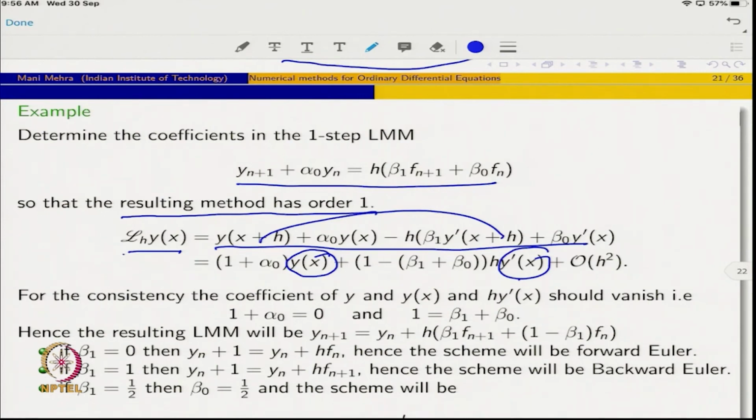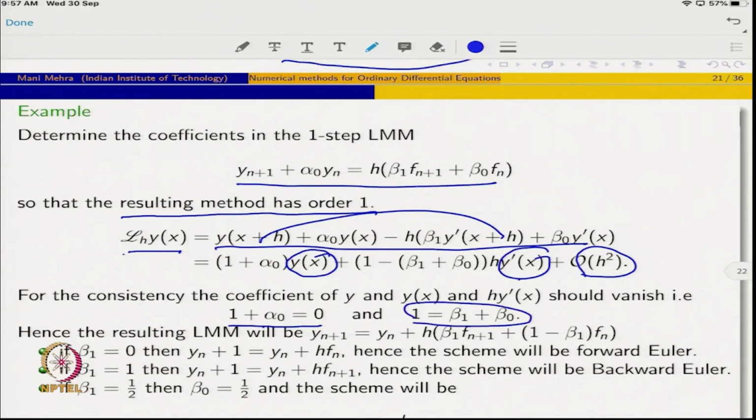For consistency the coefficients of y and y dash should vanish, that is what we have already seen, because if it is consistent, at least order h square should be there, and in fact in this case we have said the resulting method has order 1. Like truncation error determines the order of the method, consistency is just the alternate way of looking at the truncation error. 1 plus alpha naught is equal to 0 and this is the second condition we are getting.